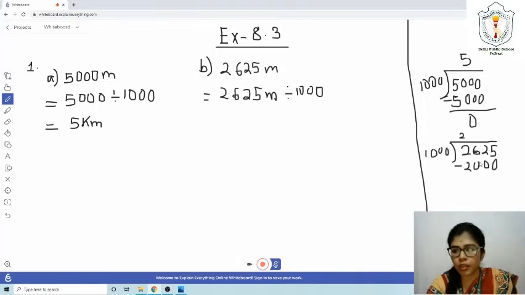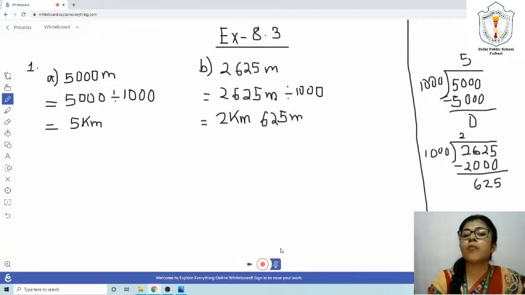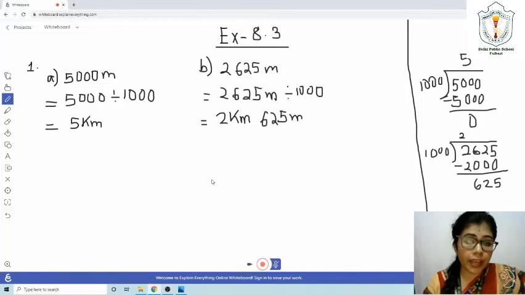Here you see what is remaining: 625. 625 is not divisible by 1,000, so this is our remainder. We get the quotient as 2, which we will write in kilometers. 2 kilometer, and we have the remainder as 625 meter.